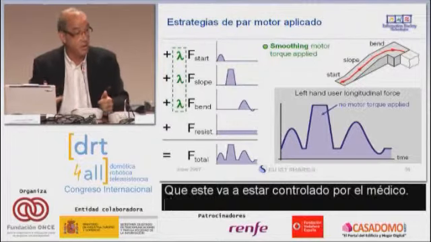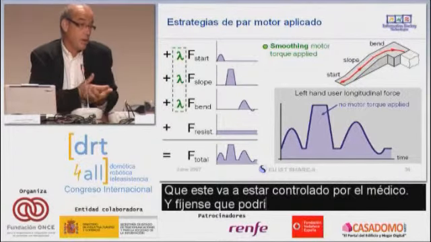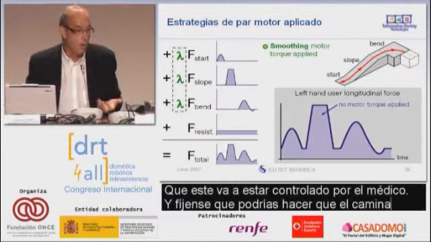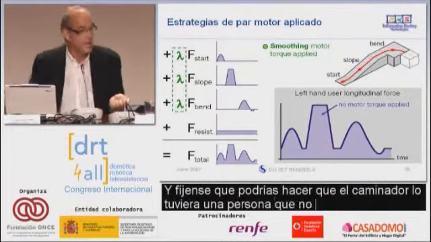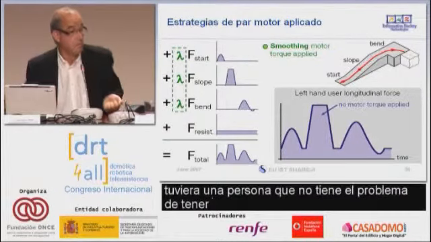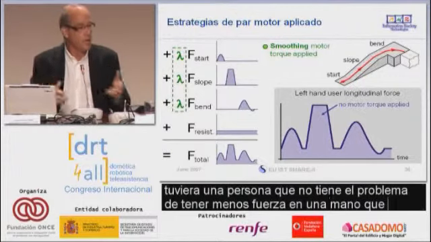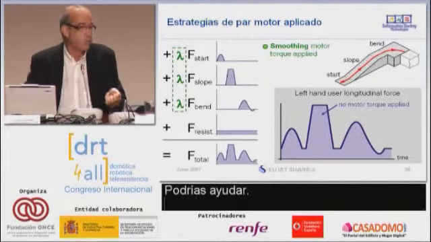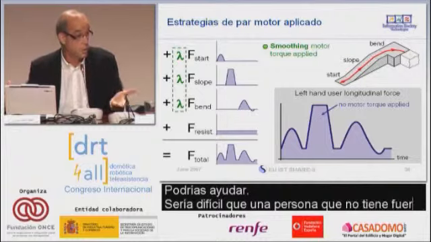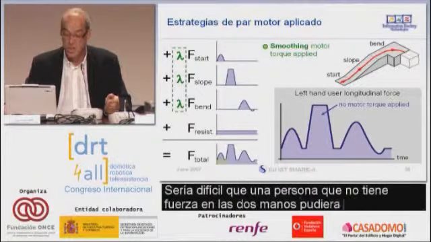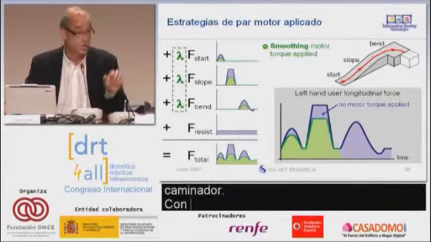You might make the walker used by somebody who has different forces in their hands. Then you'd get the gauge balanced accordingly. With this system, you could do that even if the person has different strength in both hands.